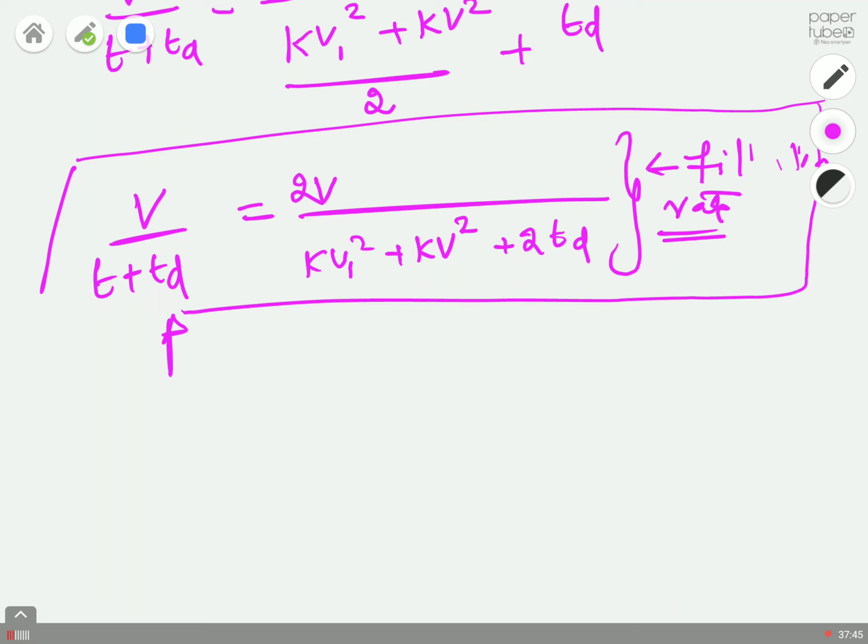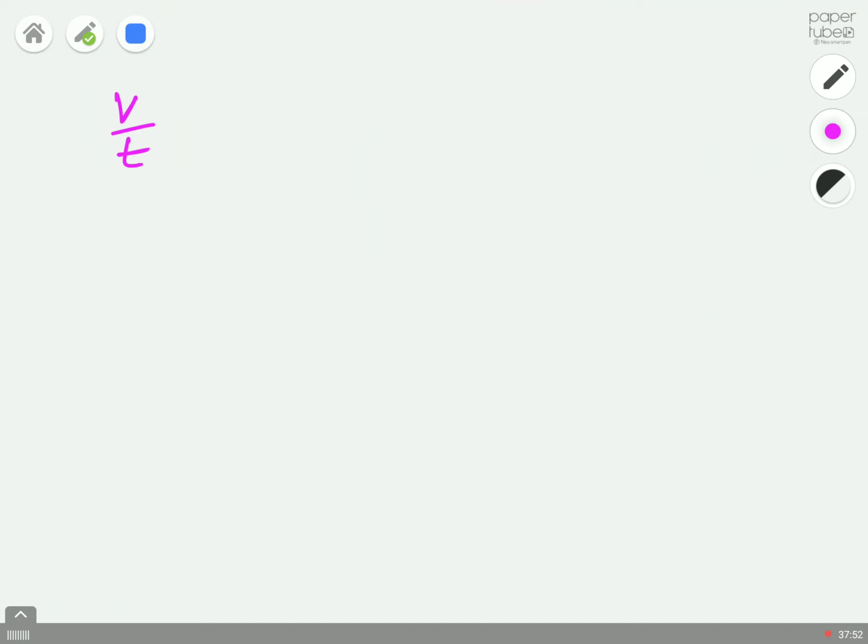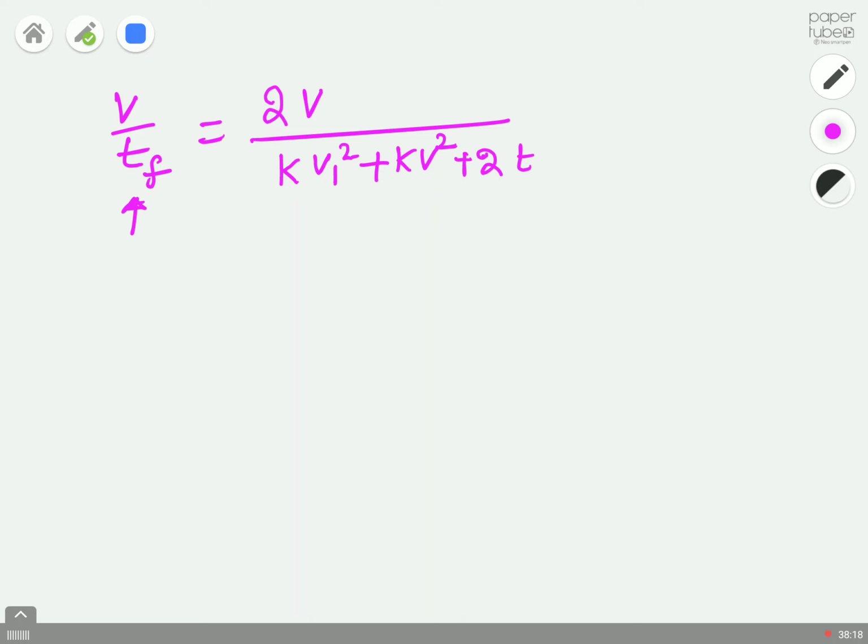So let's try to simplify this equation. How to simplify it? So V by T, let's call this TF. TF means the total filtration time. So that's equal to 2V divided by kV1 square plus kV square plus 2 TD.